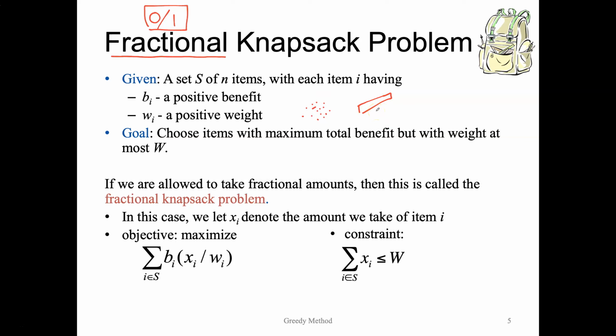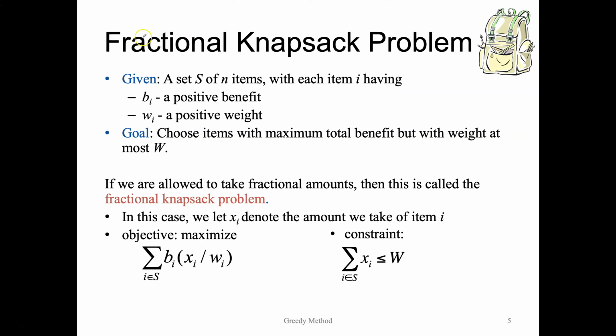We couldn't melt it down or anything. So having to take an item or leave it is the 0-1 knapsack problem. If we can take a portion of that item, this is the fractional knapsack problem. And we'll see that we can solve this fractional knapsack problem using a greedy method, but we can't do that for the 0-1 knapsack problem.